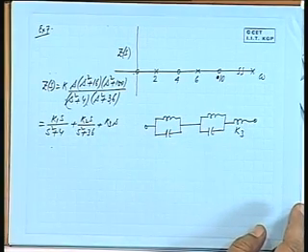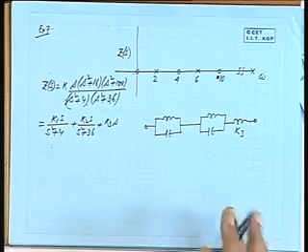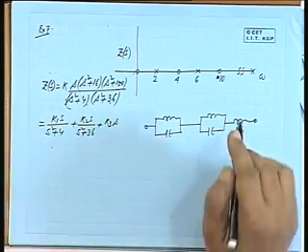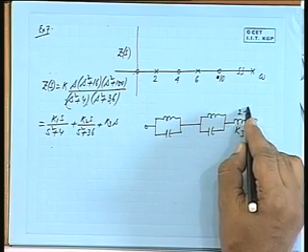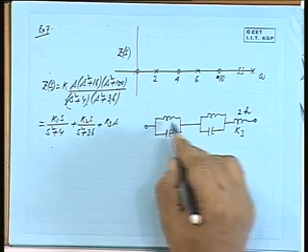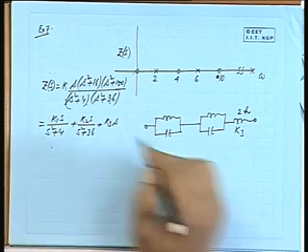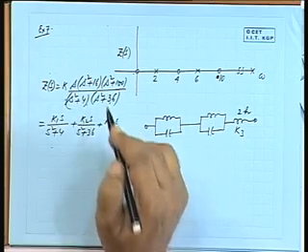Okay. Now suppose we give you in the Foster structure K3 equal to 2 Henries. What are the values of these? Let us work out for this problem itself.